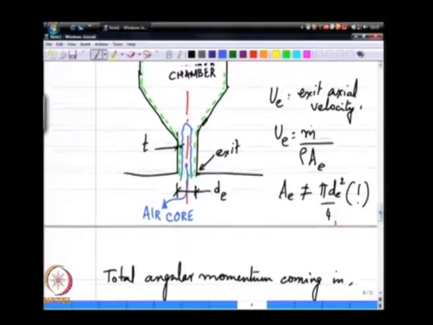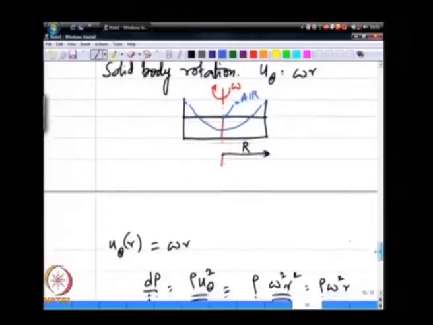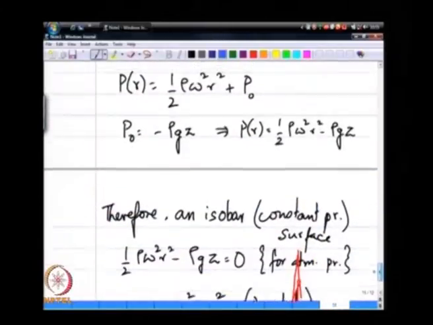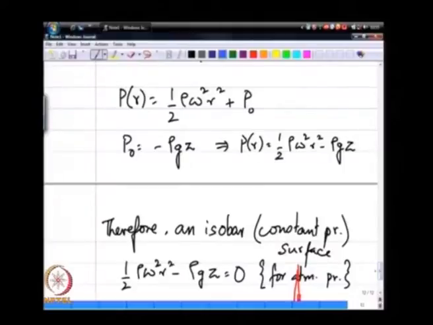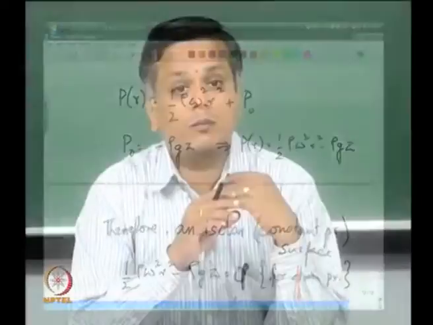If I look at where this comes from, it is essentially coming from this isobaric surface now being at r equal to some constant value r naught, which is less than the diameter of the pipe itself.